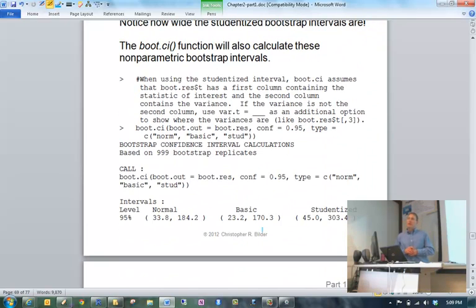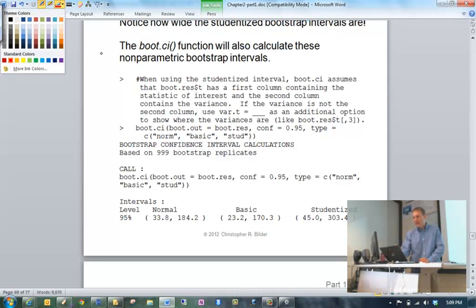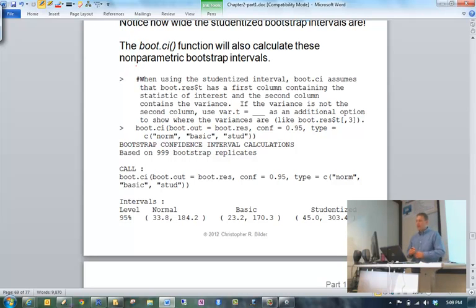Now there's actually an easier way to do some of these calculations. Why do we do it the hard way first? Well, it's because we need to know what the software package is doing. So there's a function in R called boot.ci. Isn't that nice?